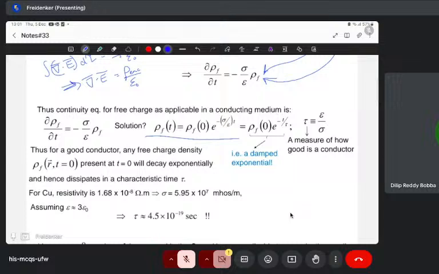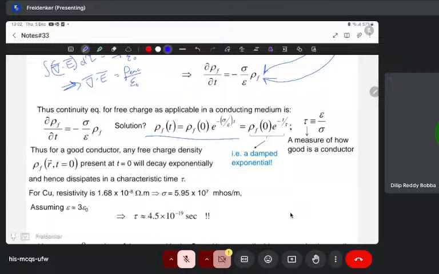So a good conductor is basically one where the decrease is less, probably, maybe that. So what do you call this time constant, epsilon by sigma?